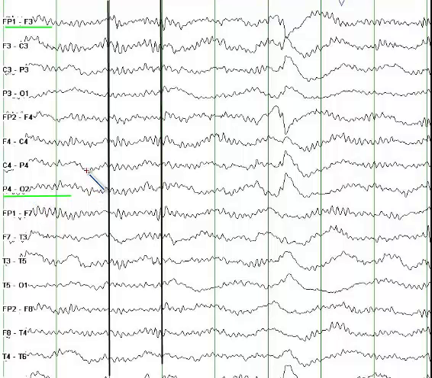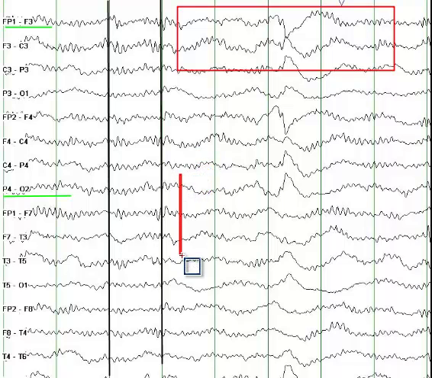The other feature is these frequencies are non-reactive. On the previous pages, you noticed that on eye closure, the alpha frequency got more pronounced. On eye opening, the alpha frequency was attenuated. But here, what you're seeing is the alpha frequency persists. We do not have eye blinking here, so it's hard to say whether it would have changed.